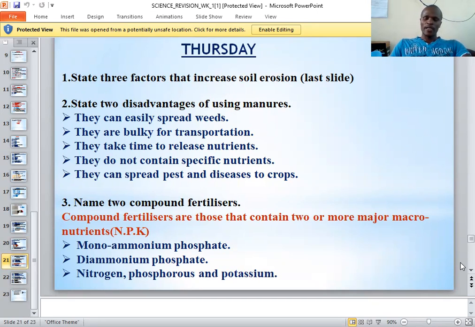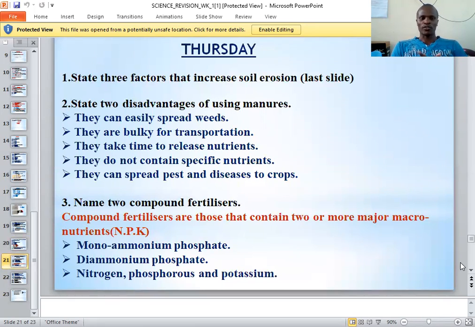And you remember, when we are grouping these fertilizers, we say that we are grouping them depending on the nutrients that they contain. So compound are those that contain 2 or more major macronutrients.